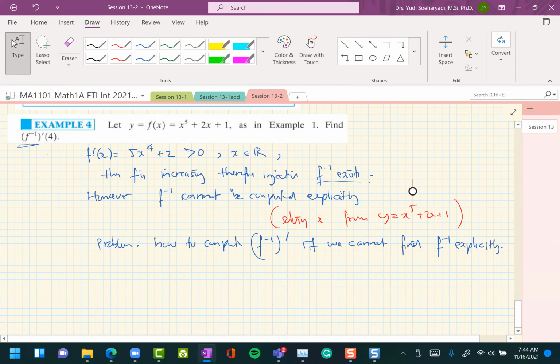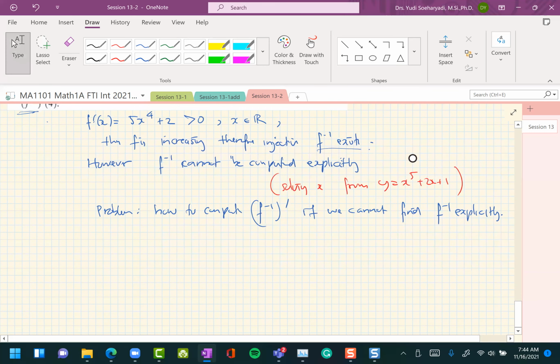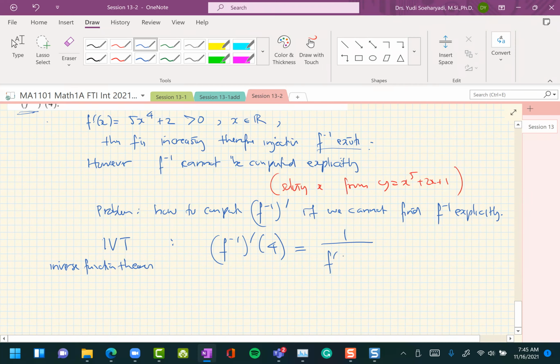Okay, so the inverse function theorem says that you compute this way: the derivative at 4 is 1 over the derivative of f at, well, this is what we need to find out.